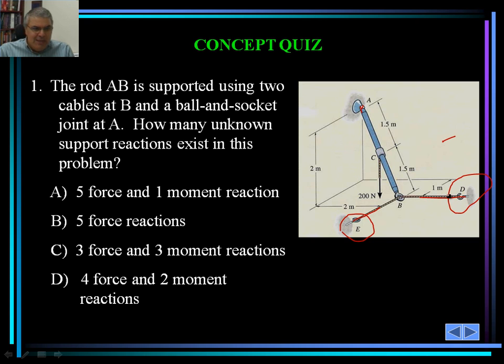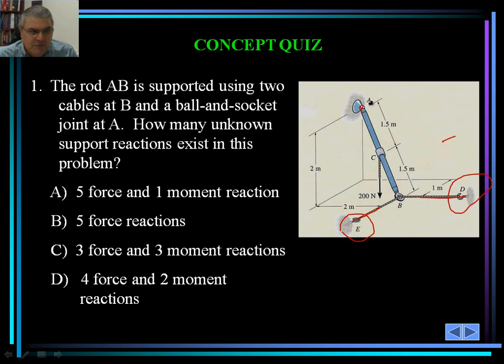Would there be any moments at E? Would there be any moment at D? The cables are free to rotate in that direction. Nothing would prevent them. So there would be no moment reactions at E and D. And at A, actually, there's no moment reaction.